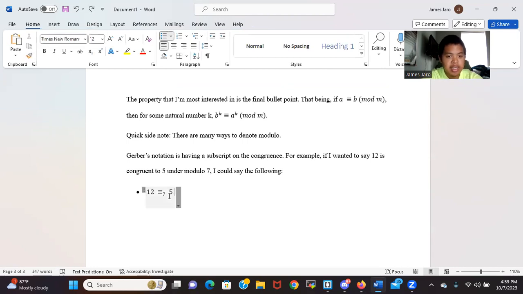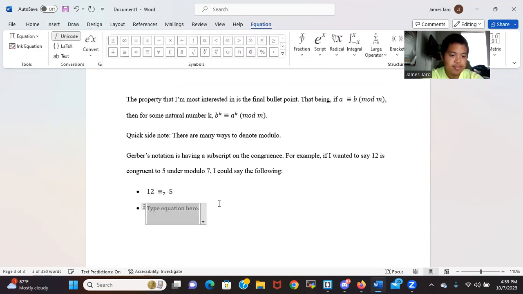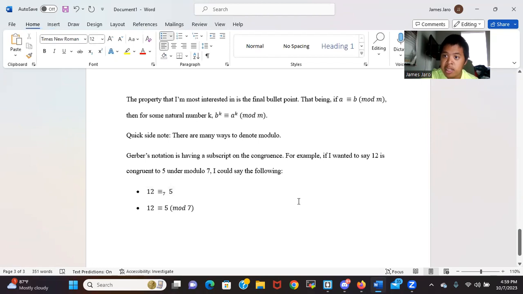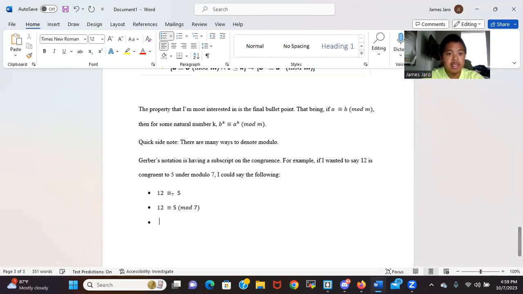Or we could say that 12 is congruent to 5 under mod 7. So either you can put the phrase mod 7 after the 5, or you can put it as a subscript. Either way means the same thing.